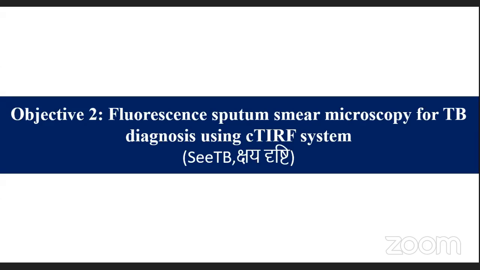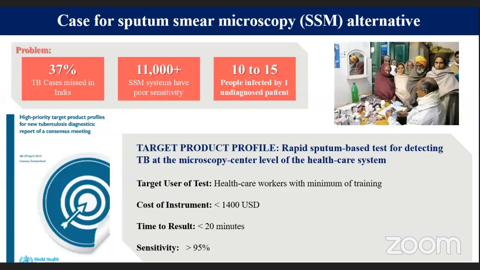And since we used this device for TB observation, Mycobacterium tuberculosis observation, we named it SeeTB, or Chhe Drishti in Hindi. TB is Chhe Rog in Hindi. So when we looked at the scenario of tuberculosis in India, and not only in India but also worldwide, the TB scenario is a pretty dangerous one.